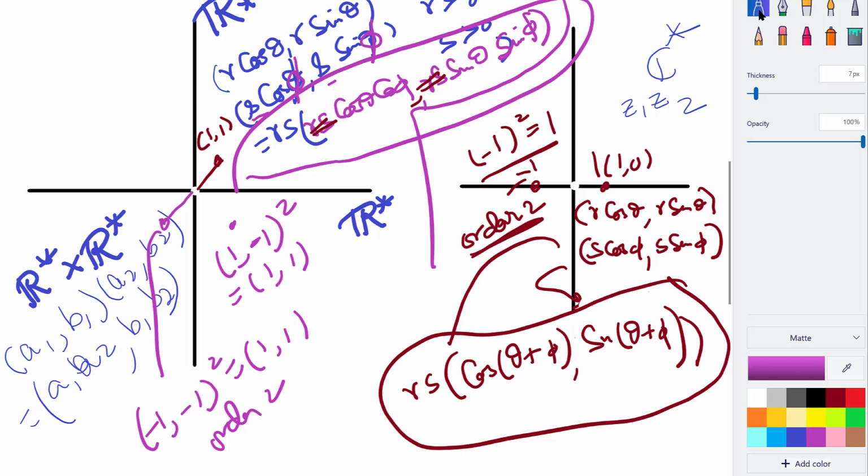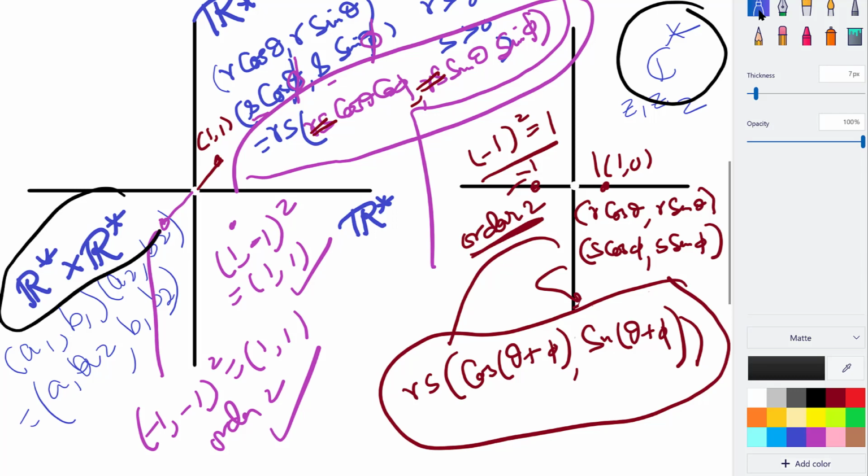So here we have already found more than one element with order 2. What does it mean? It means that these two groups, C star and R star cross R star, cannot be isomorphic. That was just for discussion's sake, to show that if we take the same kind of thing, it may not necessarily work out the way we thought.